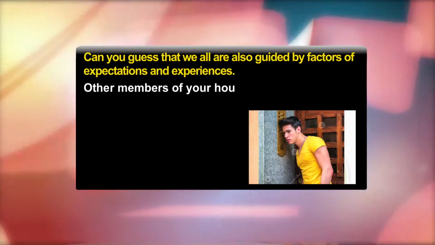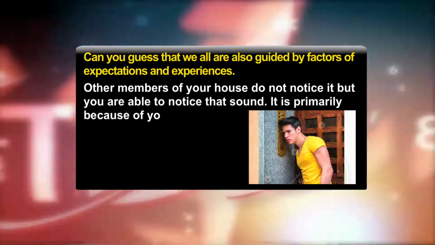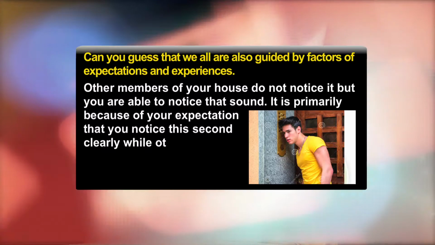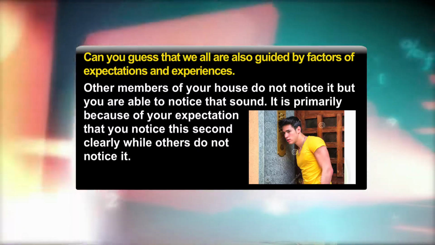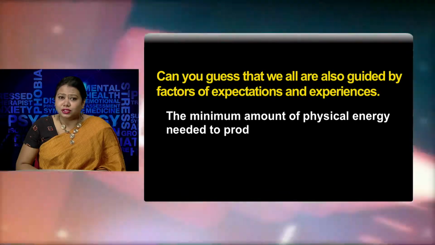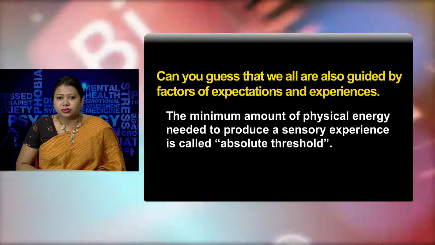Other members of your house do not notice it, but you are able to notice that sound. It is primarily because of your expectation that you notice the sound clearly while others do not. The minimum amount of physical energy needed to produce a sensory experience is called absolute threshold.